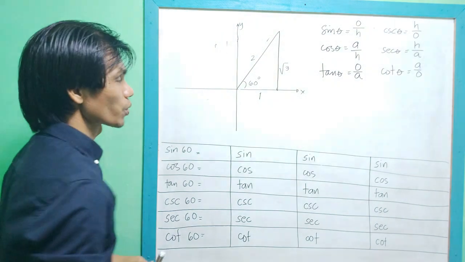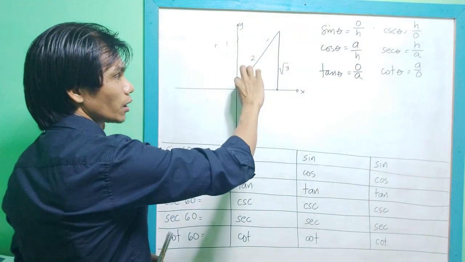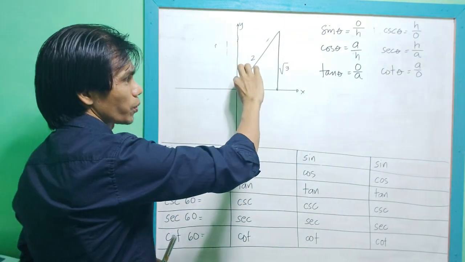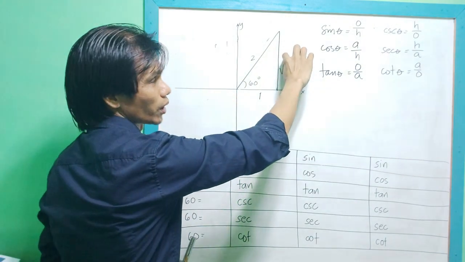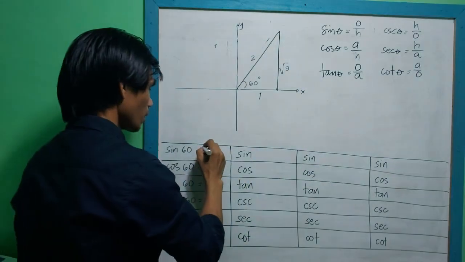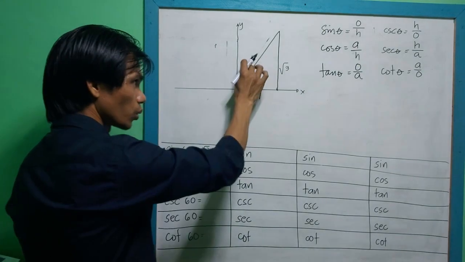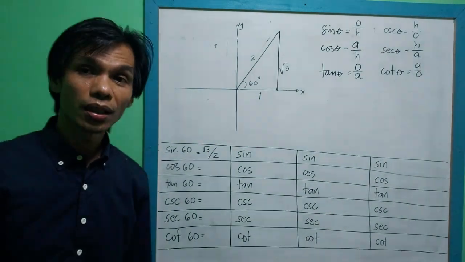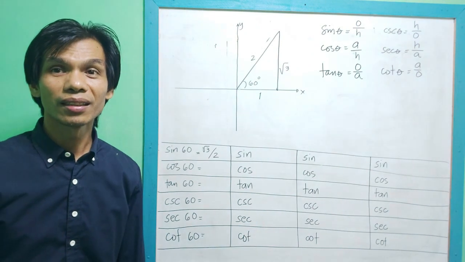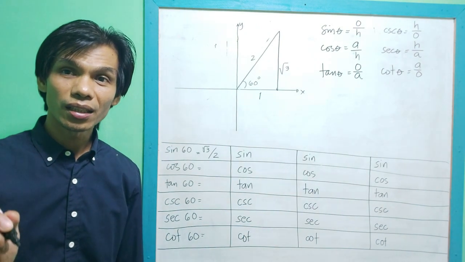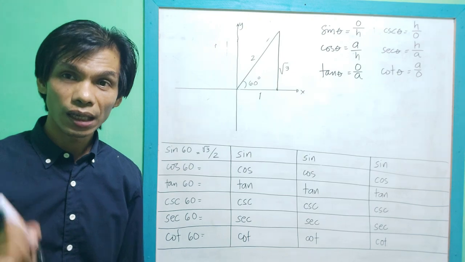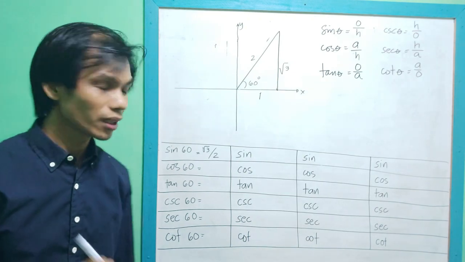Opposite over hypotenuse. Ano yung opposite natin? In this case, opposite side to the angle is this one. So, square root of 3 over 2, na hypotenuse. Kahit i-calculator mo yan, ang sine of 60 is 0.866. Okay?